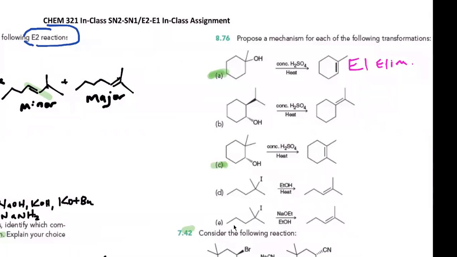Is it also E1? It's also E1. Don't be scared, you're right. It's an E1 elimination. It happened in the presence of a strong acid rather than a strong base. So it's E1, but the outcome is not the expected outcome.